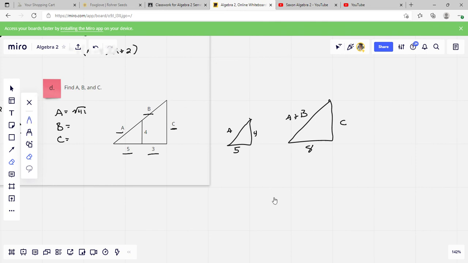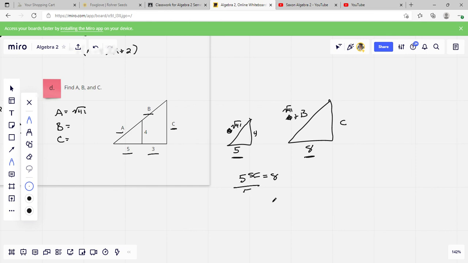All right, so I need to replace this right here with square root of 41, and then that means this is square root of 41. Now to find C, I can use my scale factor. So I can say 5 to 8: 5 times my scale factor equals 8, right?